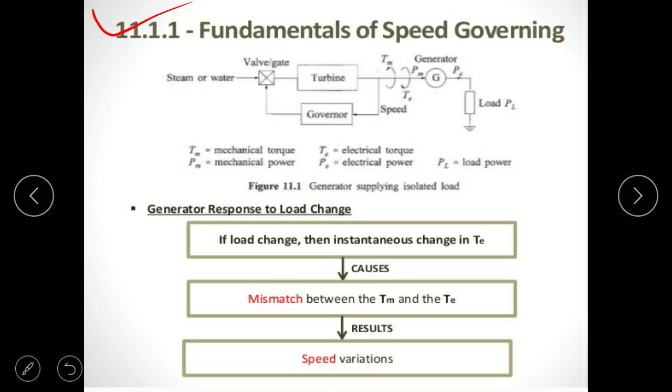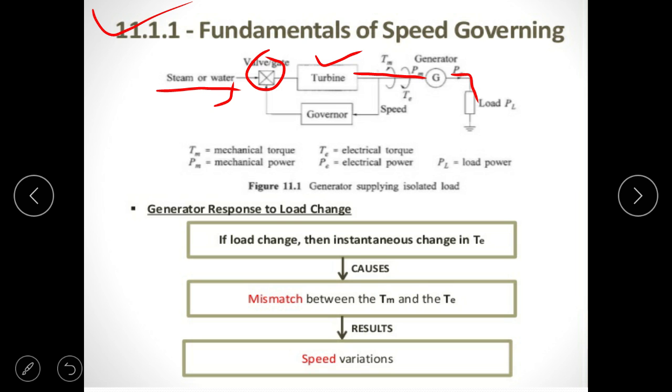In this block diagram, input is steam or water. There is a control valve. Input is applied to the turbine, and turbine is connected to the generator. The generator is connected to the load.